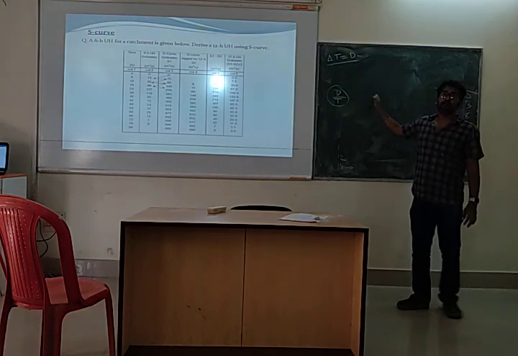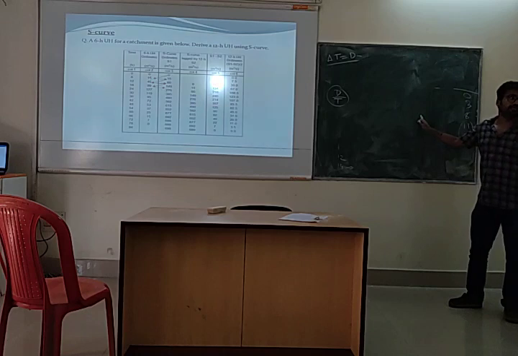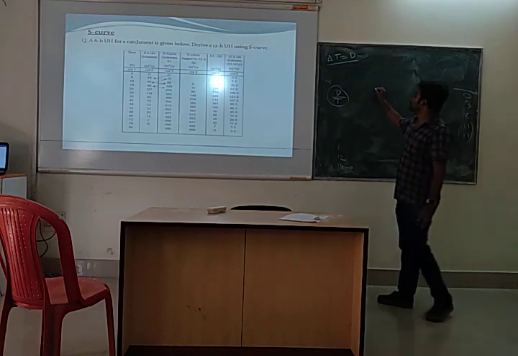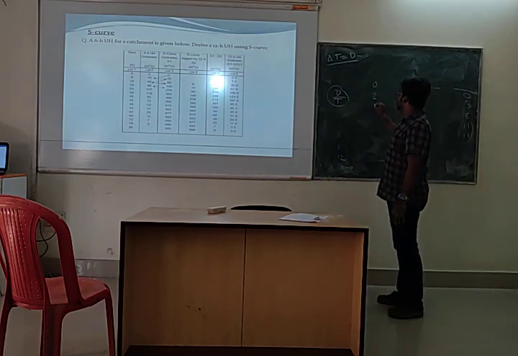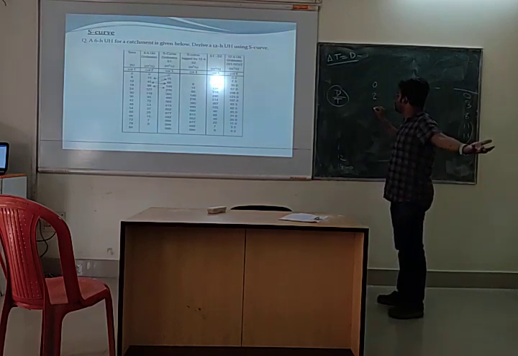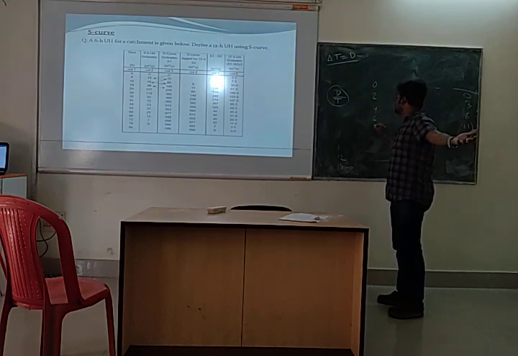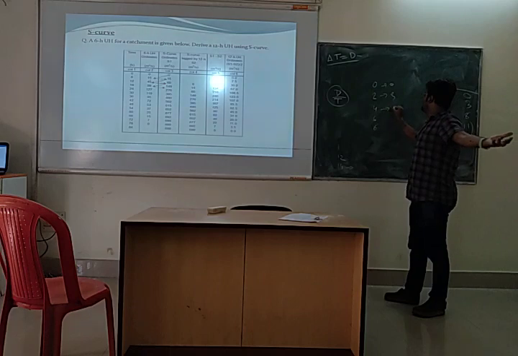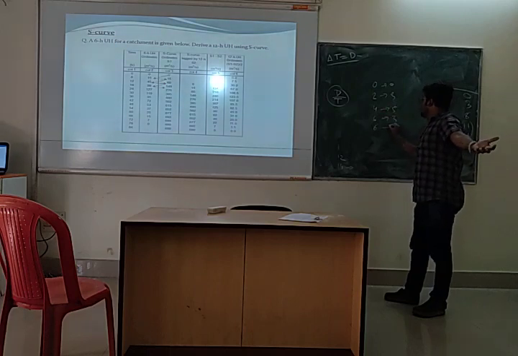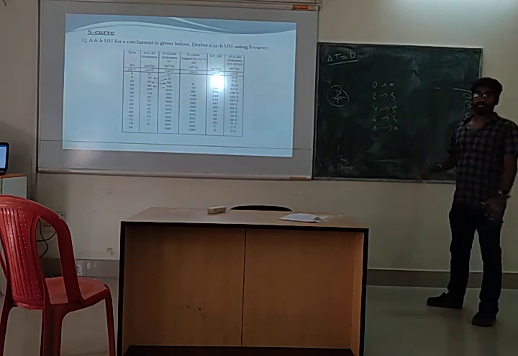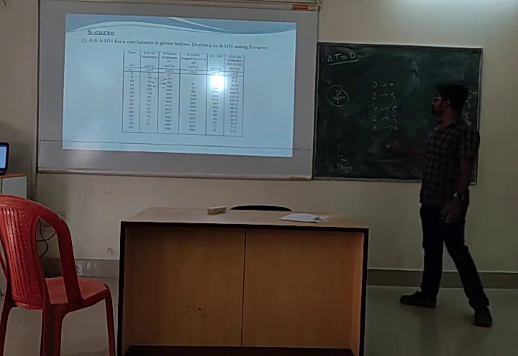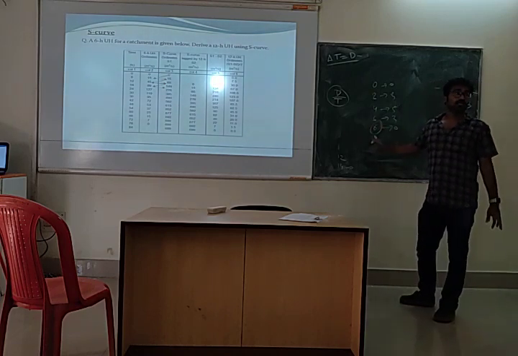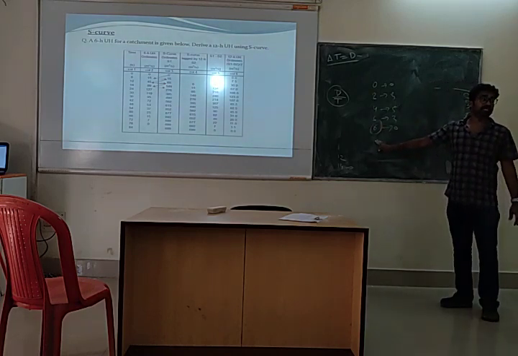In the example, how many times did we take the iteration? 4 times, right? Why 4 times? The values were 0, 2, 4, 6, 8, 0, 3, 5, 3, and 0. So you need to see the base time.